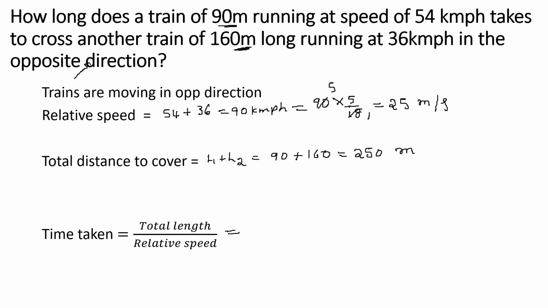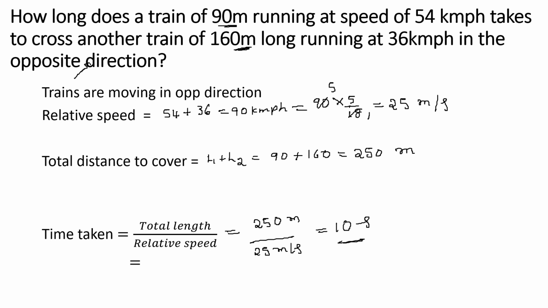That is, 250 meters divided by the relative speed of 25 meters per second. 250 by 25 is 10 and the unit is seconds. So the required time is 10 seconds. So within 10 seconds, the trains will cross each other.